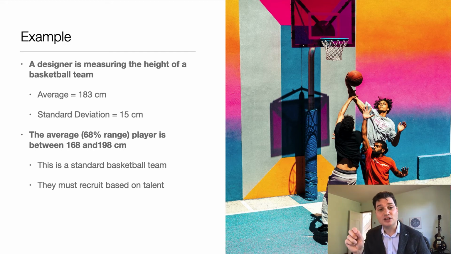The standard deviation is 15 centimeters. So the average player, so 68% of players that would be in the team, will be between 168 and 198 centimeters. We have a range. They're all tall. This is a normal basketball team, and they recruit based on talent.